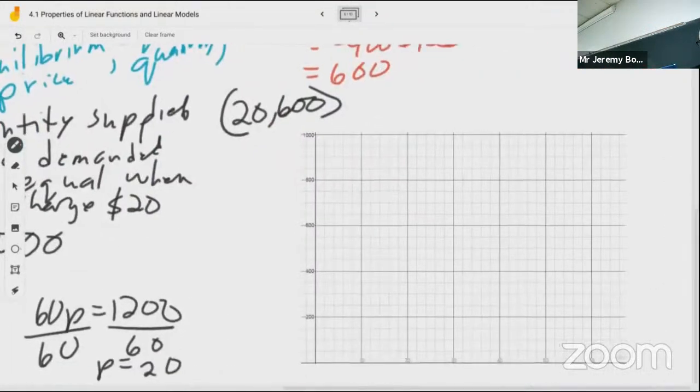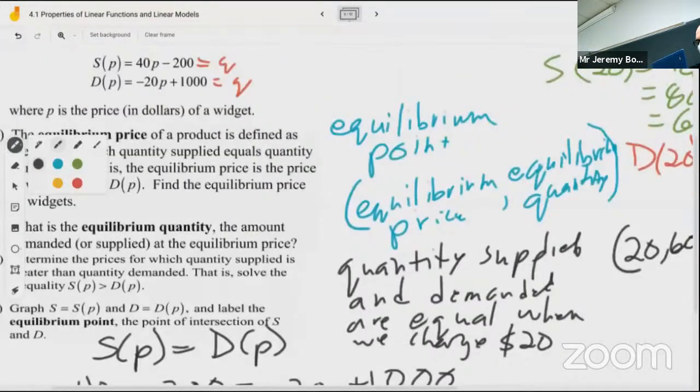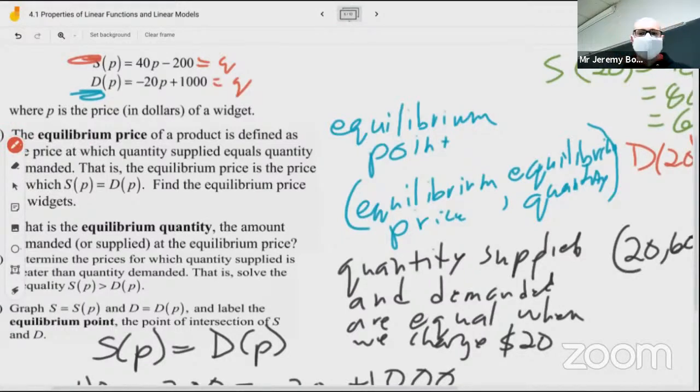we've got a graph right here. Now, let's do demand in blue and supply in red. That way we can tell the difference. Now, the one thing that we know is that they're going to intersect each other when P is 20 and Q is 600.